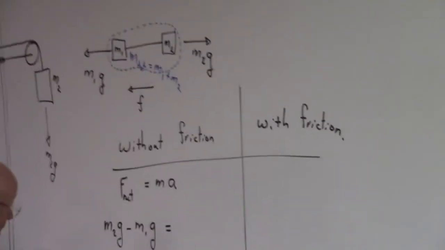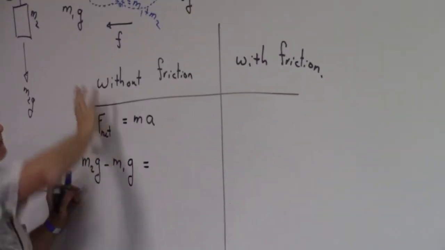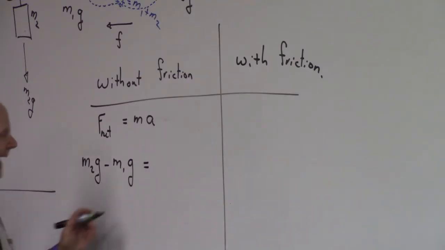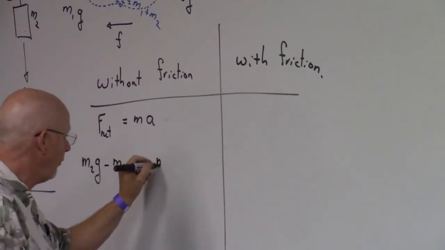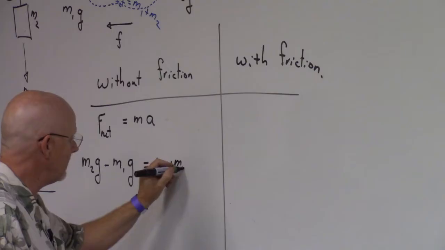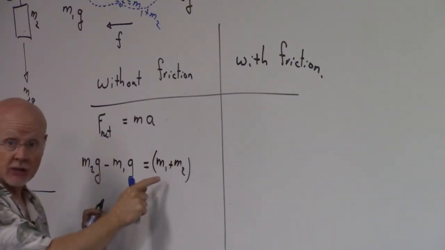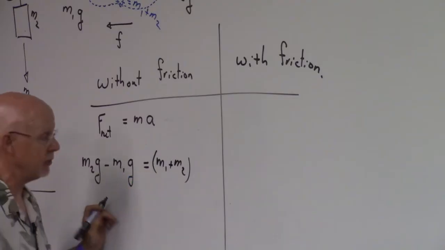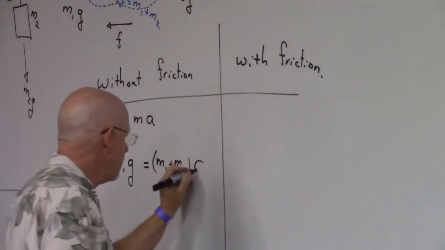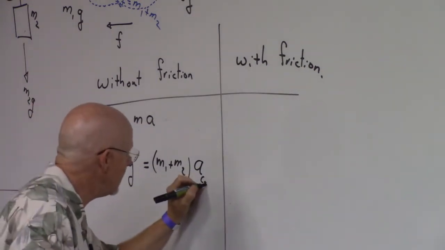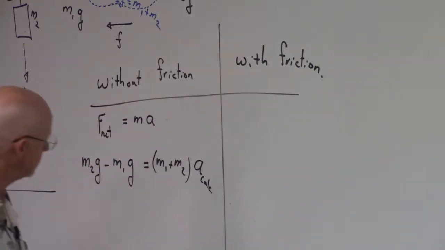That's the net force because the net force is adding up all the forces, and if I'm ignoring the friction, there's only those two. And that has to be equal to the total mass. So remember, I'm thinking of that as one object, so I'll put M1 plus M2 times the acceleration. So let's call this the calculated acceleration.